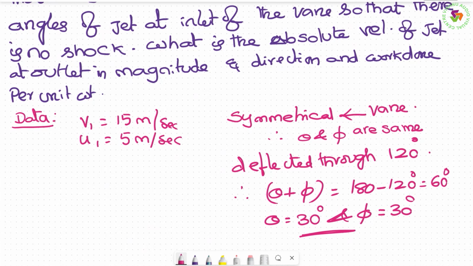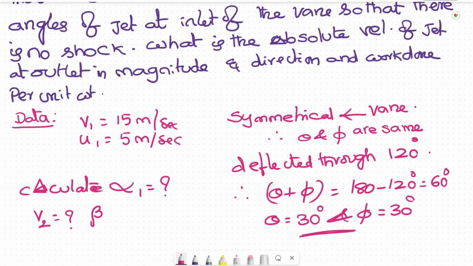Then next, what he wants us to calculate is the angle of jet at inlet. Calculate alpha 1. This is what he wants. The second one is, what is the absolute velocity of jet, so what is V2, and direction means what is beta.